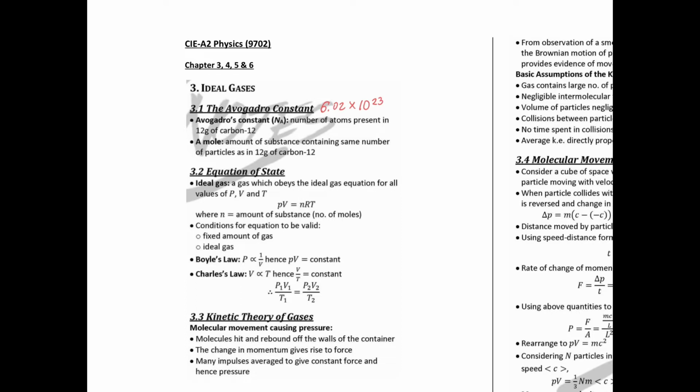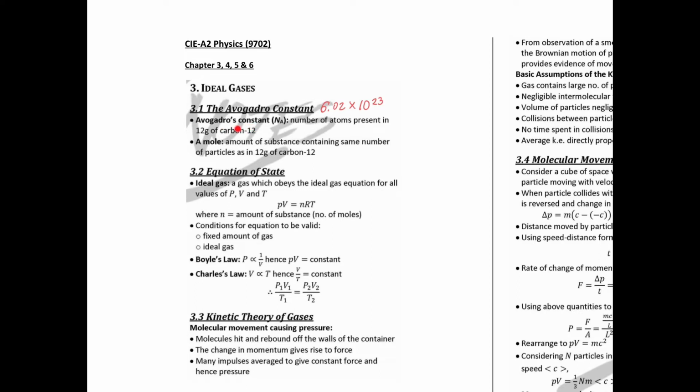So they said Avogadro Constant, Na, is the number of atoms present in 12 grams of carbon 12. So in 12 grams of carbon 12, it contains this amount of atoms. So this 12 grams of carbon 12 is actually 1 mole in chemistry.